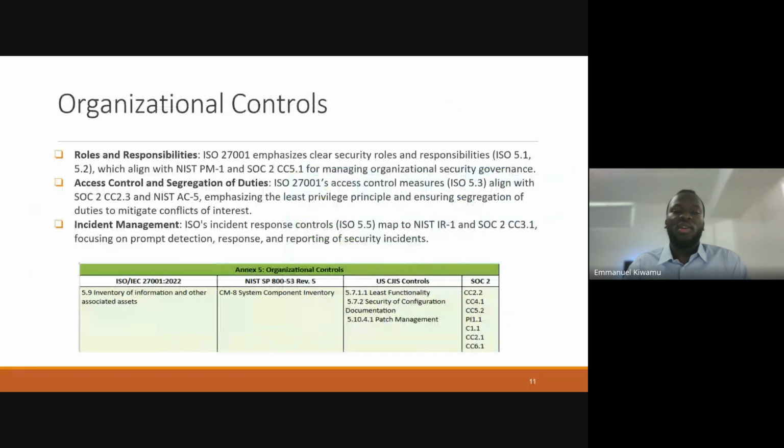So the first area is the organizational controls. For the purpose of this presentation, we extracted just 3 control requirements for each annex area to shed some light on how we conducted our mapping.